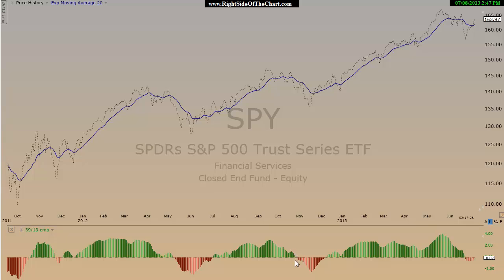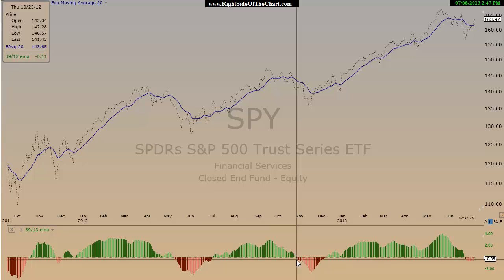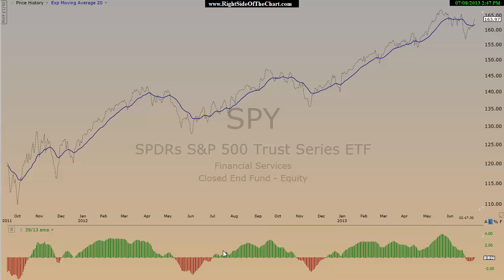So I usually don't wait to see this happen to short. I'm usually shorting once I've seen an extended run with the shorter term EMA above the longer term, and then the momentum waning. And again, that is factored in with many other metrics, such as trend lines, other technical patterns like rising wedges. The MACD is a great momentum indicator.